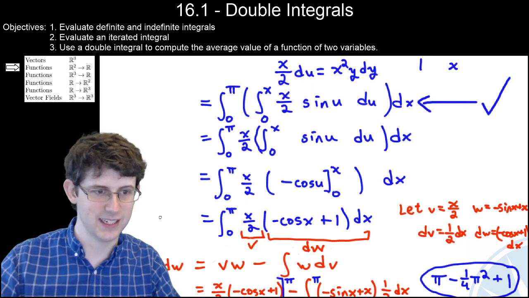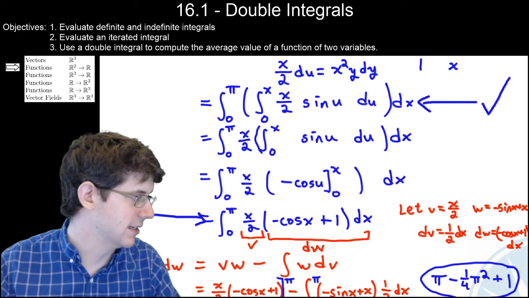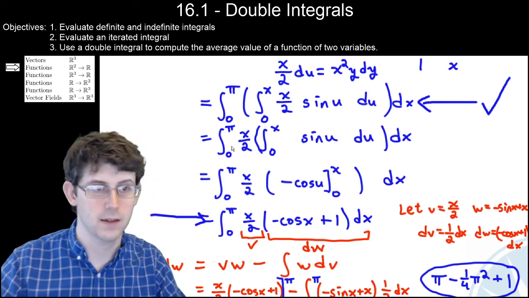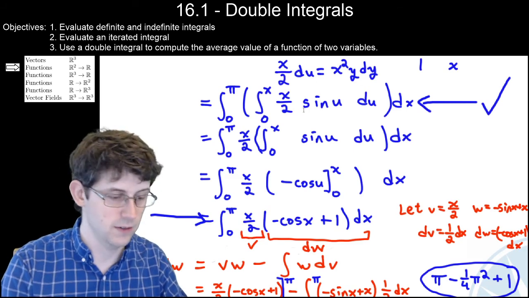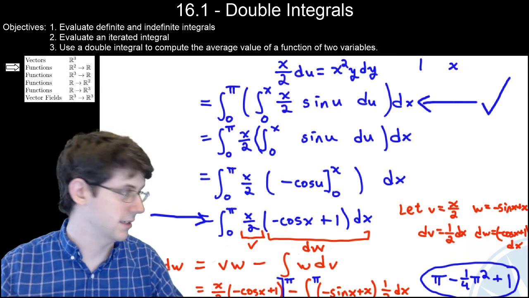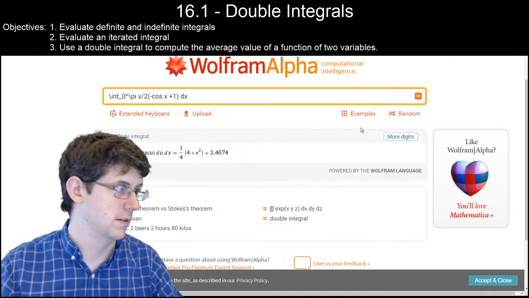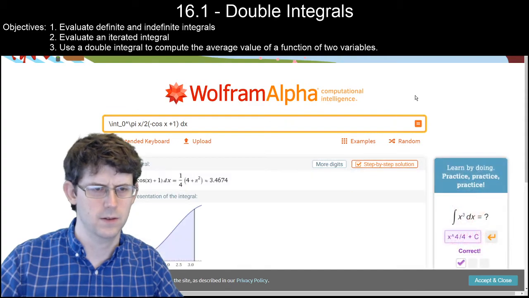Okay, so let's go to this step right before the integration by parts, and I'll type that in. So I have integral from 0 to pi of x over 2 times minus cosine x plus 1 dx. That's still the right answer.